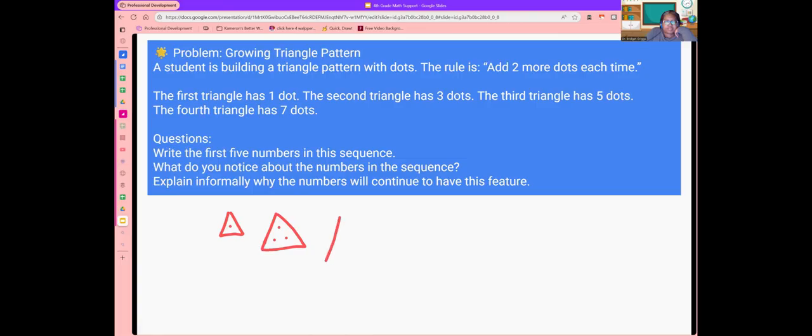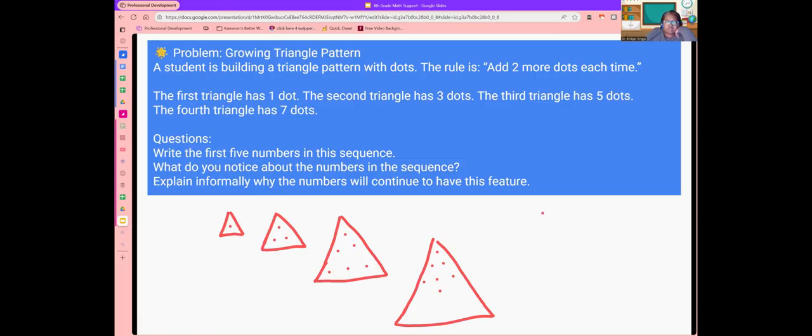We have a third triangle that has 5 dots. And then we have a fourth triangle that has 7 dots. That's 1, 2, 3, 4, 5, 1, 2, 3, 4, 5, 6, 7.